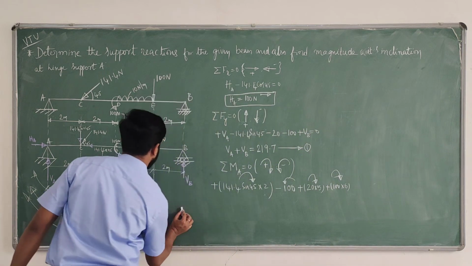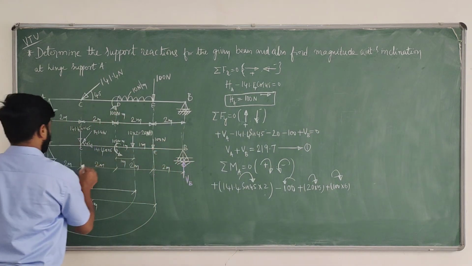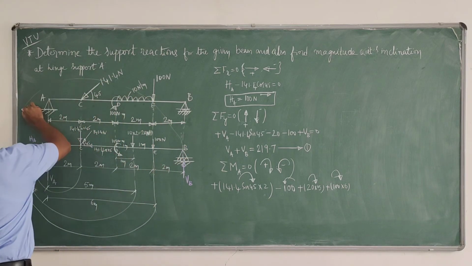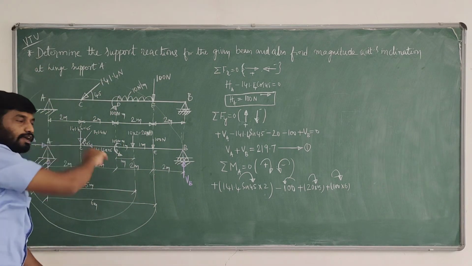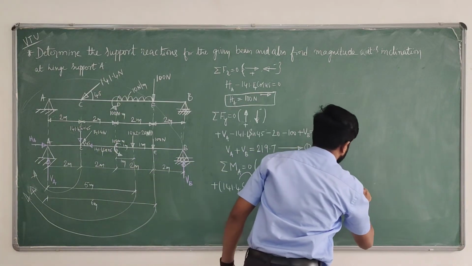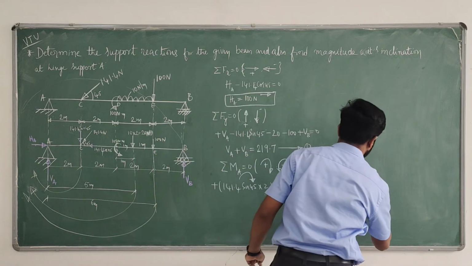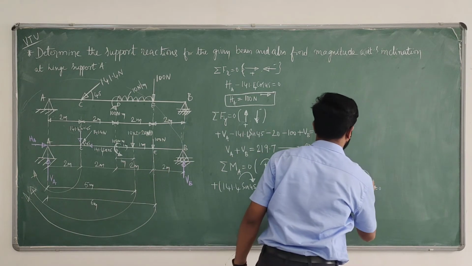But this VB moves in the upward direction, and because of this total distance it takes a turn about A in the counterclockwise direction. Minus VB into the total distance: 2, 4, 6, 8, equals 0.